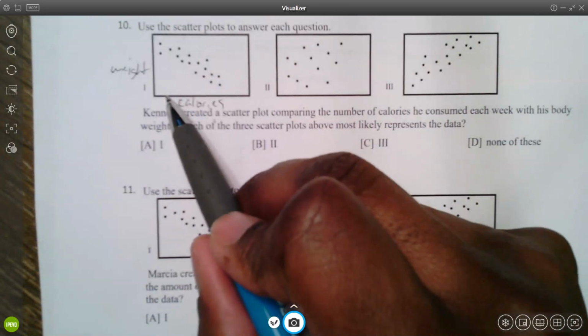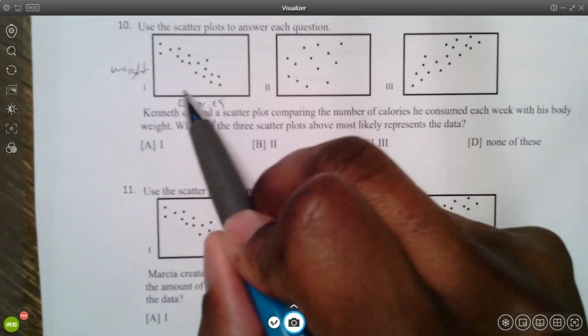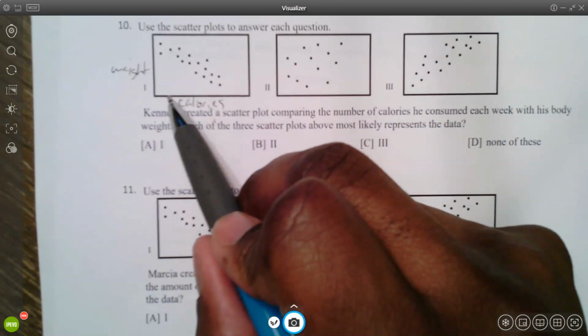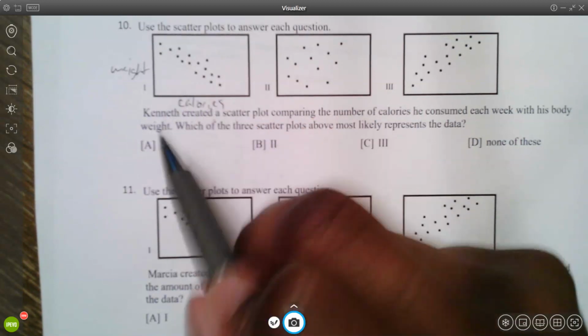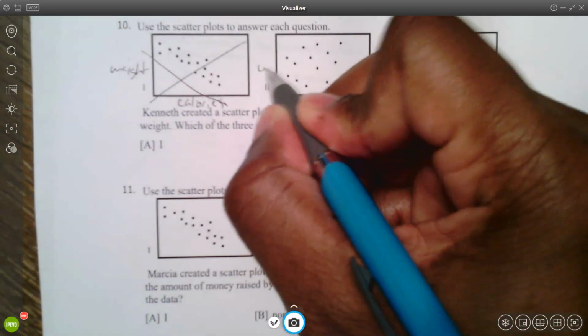This shows that as I eat more calories, my weight is dropping. So it doesn't really make sense that you eat more and more cheesecake and donuts, but you're losing weight. So this is definitely not true. So this is my calories and this is my weight.